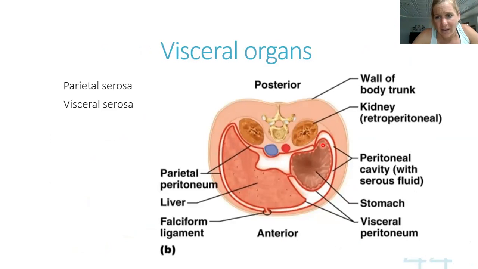And then we've got the inner layer, the visceral peritoneum, which is deep, and then we've got that serous fluid which lies in between. So parietal serosa is the most superficial, then we've got serous fluid, and then visceral serosa is a little bit deeper, and that will directly surround the organs.